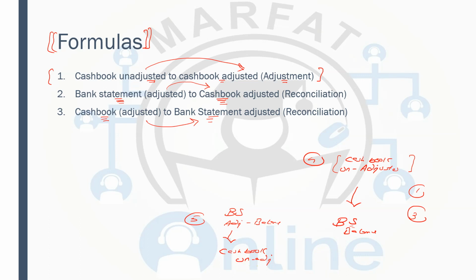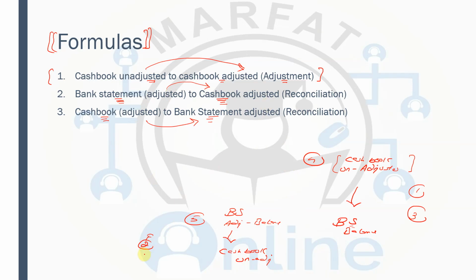Now again, we do not have any formula which takes us from the bank statement adjusted balance to the cash book unadjusted balance. So first of all, we are going to apply the formula number 2. When we apply the formula number 2, we get from the bank statement adjusted balance to the cash book adjusted balance. Now we have reached the cash book adjusted balance.